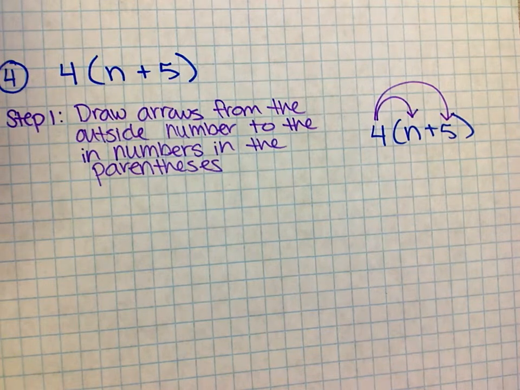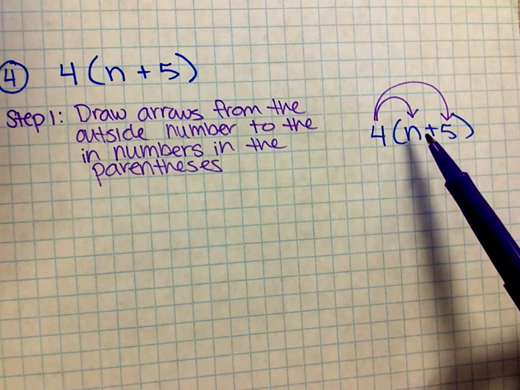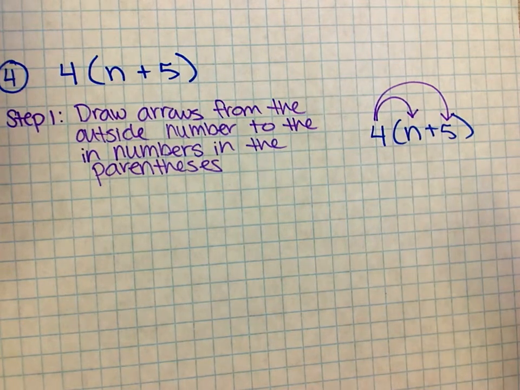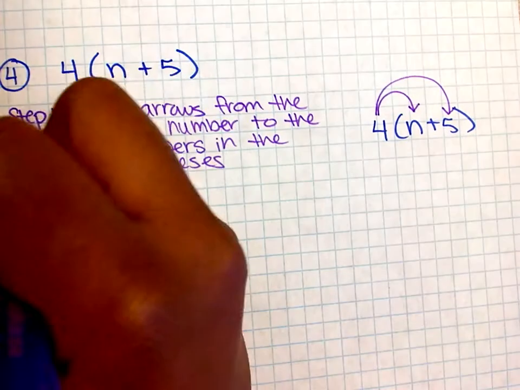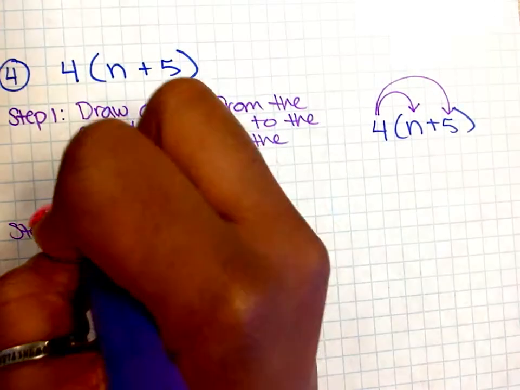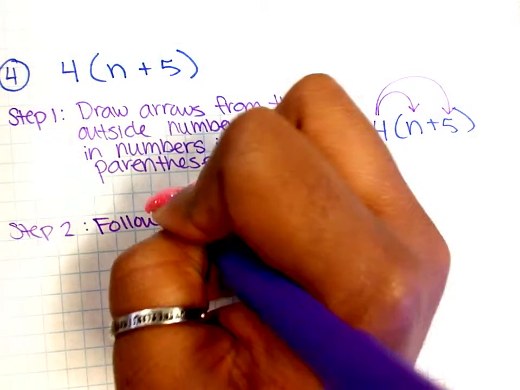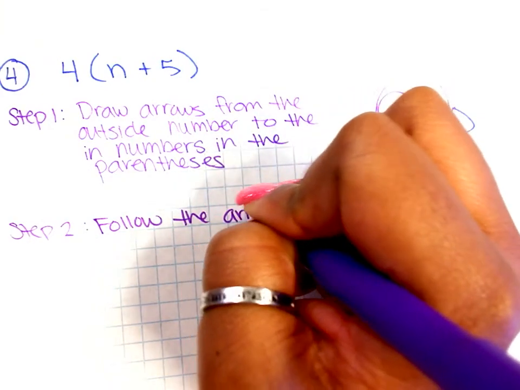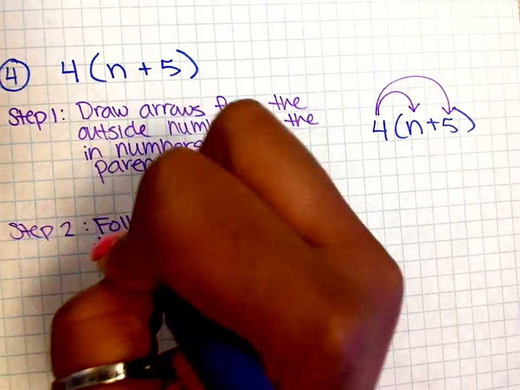So that tells me what I'm going to multiply. So I'm drawing an arrow from the 4 to the n, and I'm drawing an arrow from the 4 to the 5. Step 2, you're going to follow the arrows to multiply.